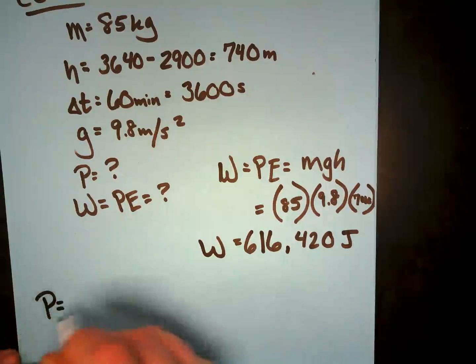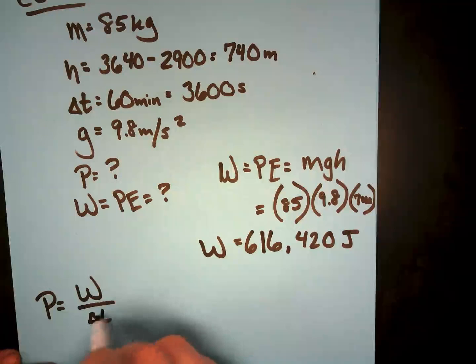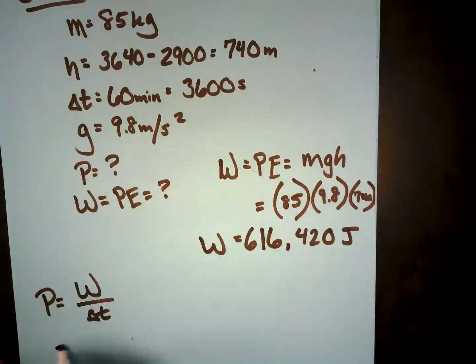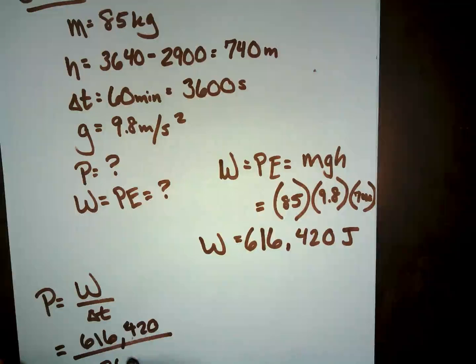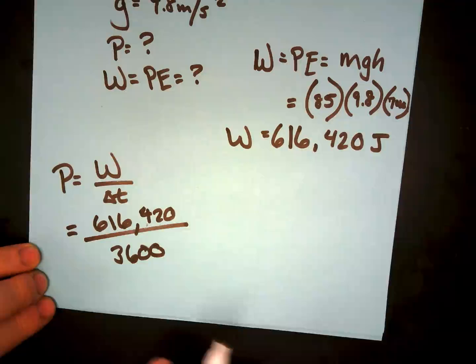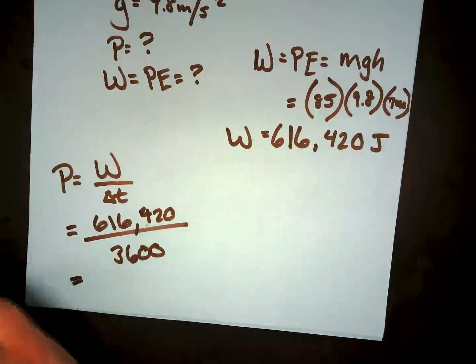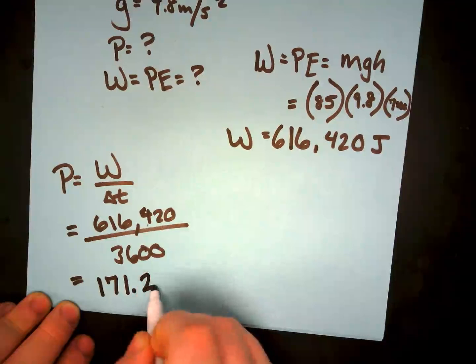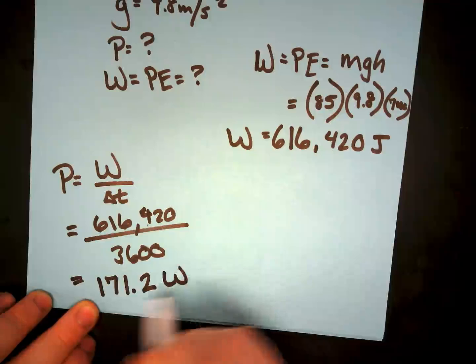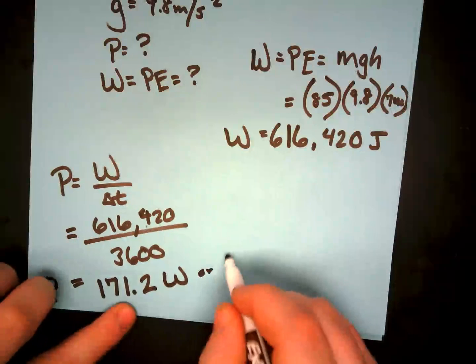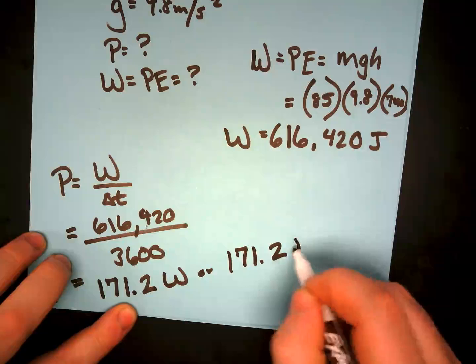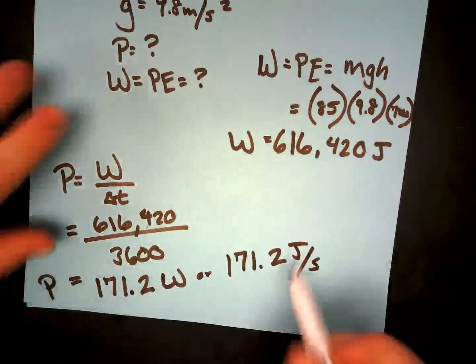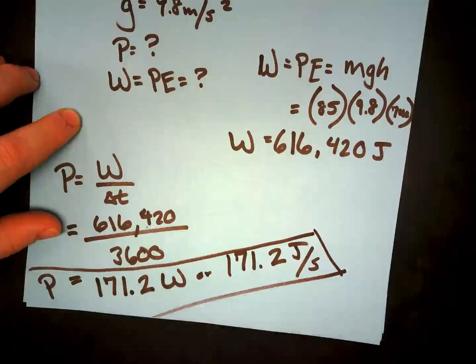Remember, P is equal to W over T. So it's 616,420 divided by 3,600. So our power here is 171.2 watts, or 171.2 joules per second. Both of these would work for the amount of energy used here.